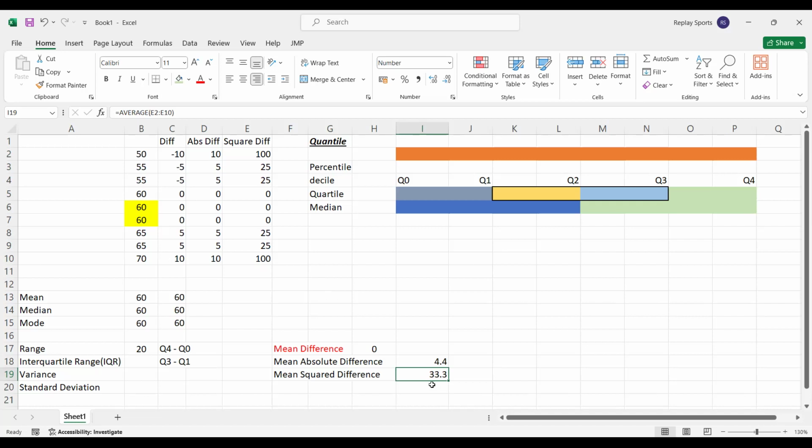You should do the square root of this. Because we did square, now we will do the square root. So what you do here is root mean squared difference.